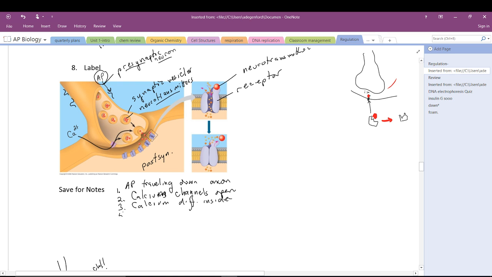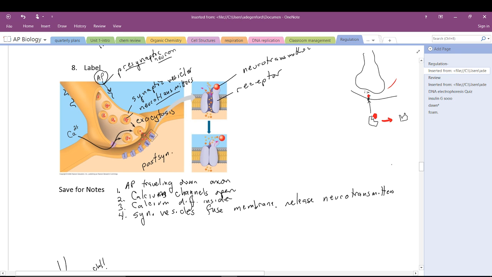And then here's a big point here. We have synaptic vesicles. And what they do is, and this is a nice review for the cells, this is an exocytosis, where the synaptic vesicles fuse with the membrane, and as they fuse, they release those chemicals called neurotransmitters.